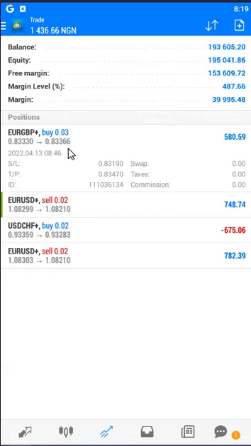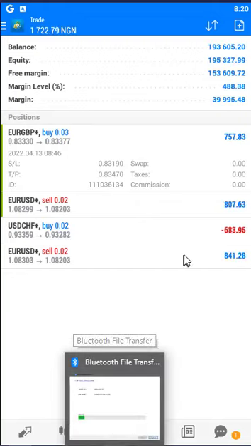So $0.3 times 14 pips gives you $4.2. So our take profit is actually $4.2. Now $4.2 times 500, our exchange rate, is somewhere around 2,100 naira. So this is how you get to know how much your take profit is.